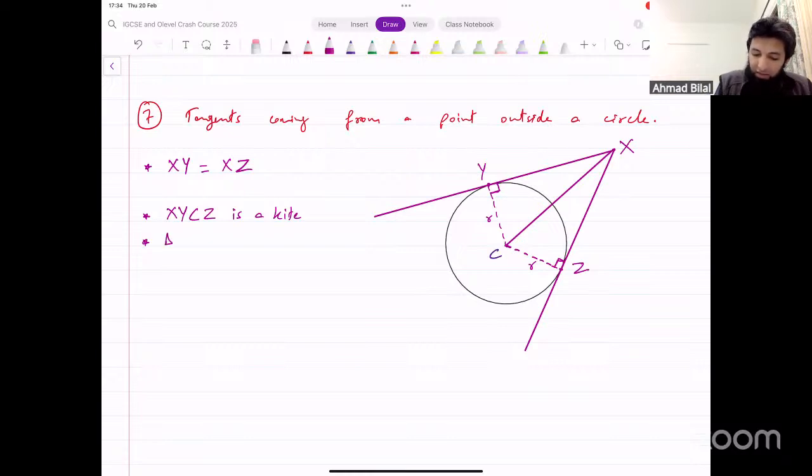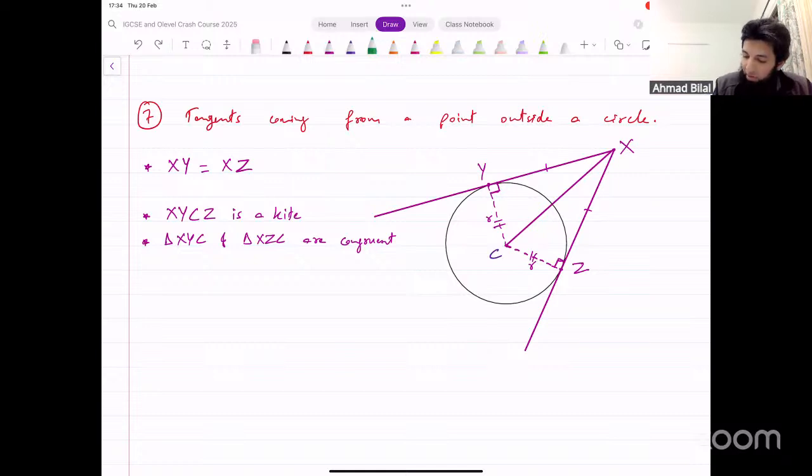The triangle XYZ and the triangle XZC are going to be congruent triangles. What does that mean? Since we know that this side is equal to this side is equal to this side, two sides are equal, the third side is common. So these are congruent triangles.